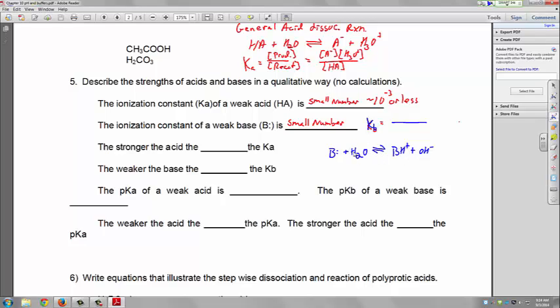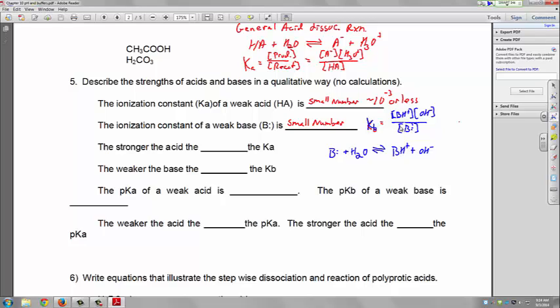We're going to ignore the concentration of water in this case. So it's simply the concentration of BH plus, that conjugate acid, times the concentration of the hydroxide ion, divided by the concentration of the free base. Like that.